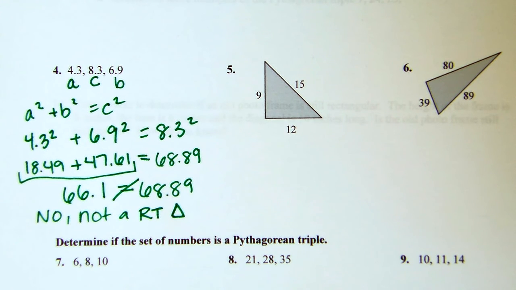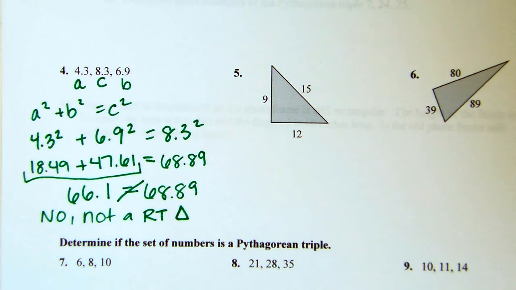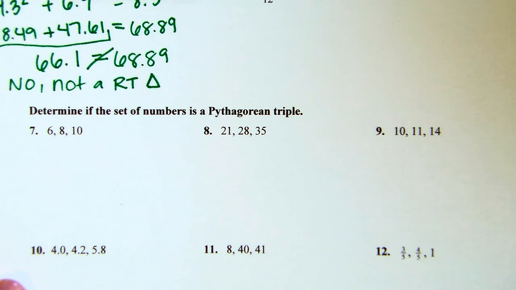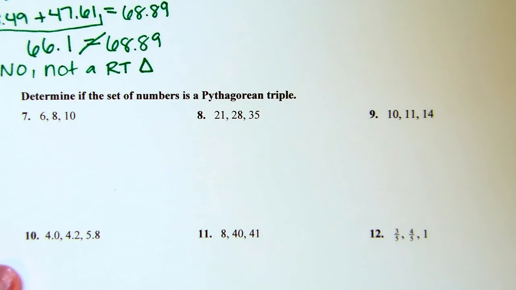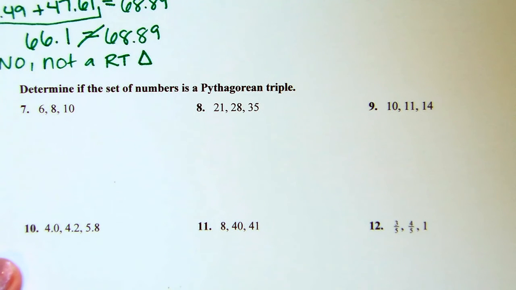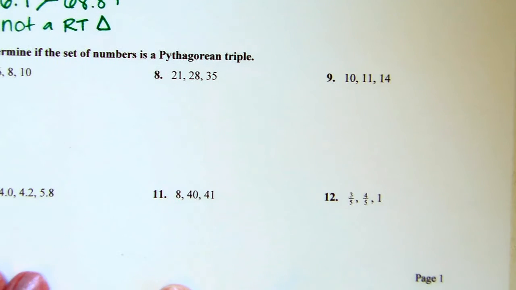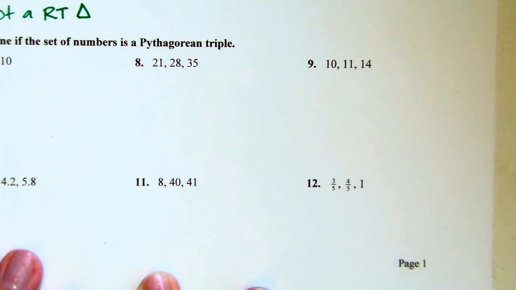Now, for numbers 7 through 12, you are once again being given 3 different integers. All of these happen to be labeled in order, from smallest to greatest. So the last number is always going to be your hypotenuse. So I'm going to go ahead and use, let's do number 12. Now, unfortunately, my calculator at home does not have a function of using fractions.